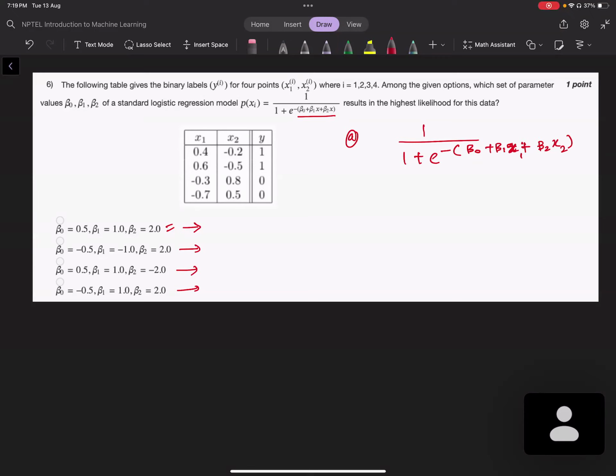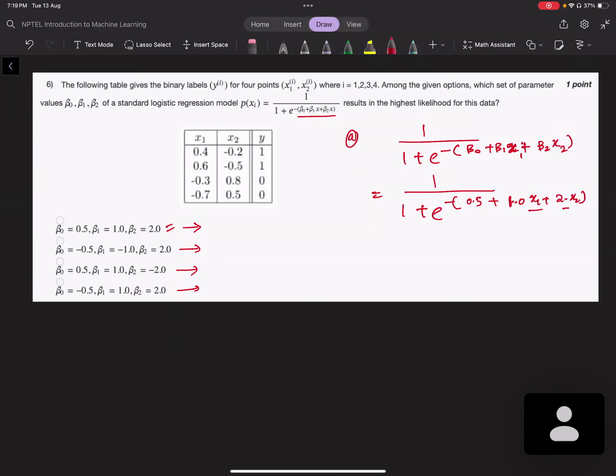Yeah, so you take these values. You take the value of beta and put it there. So it will be 1 by 1 plus e to the power minus (beta 0 is 0.5 plus beta 1 is 1.0 into x1, plus beta 2 into x2).